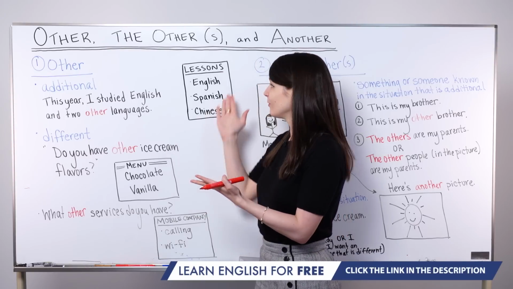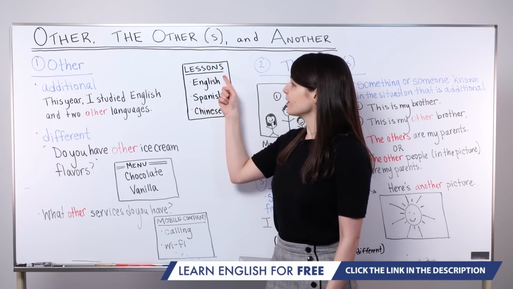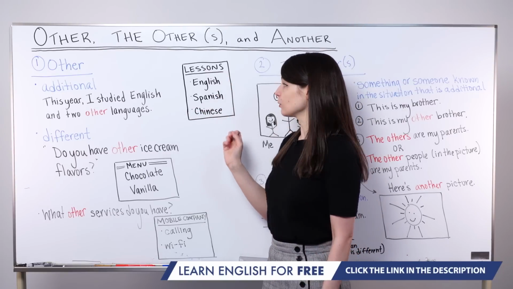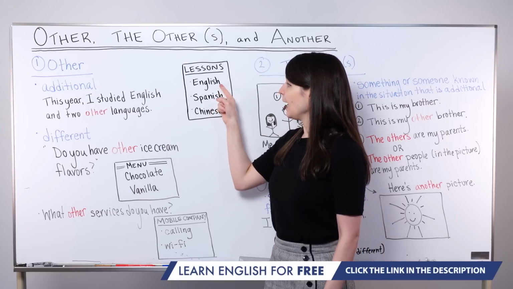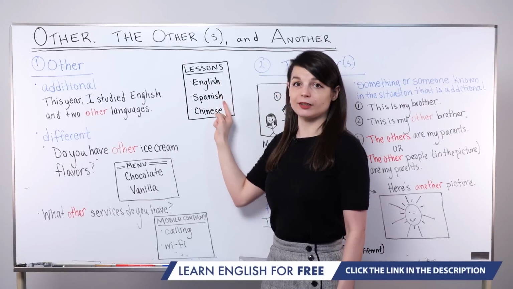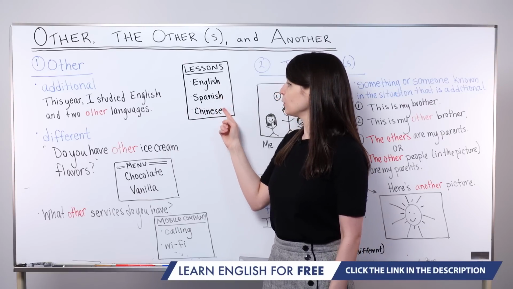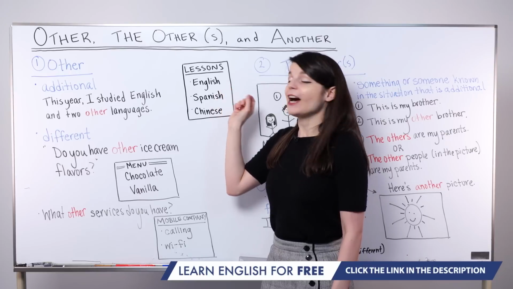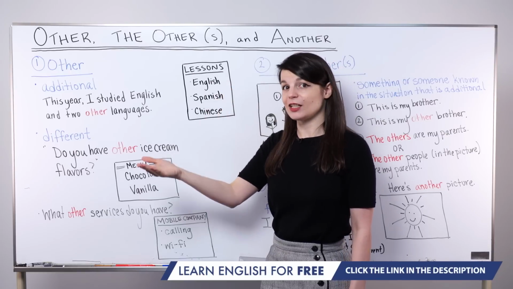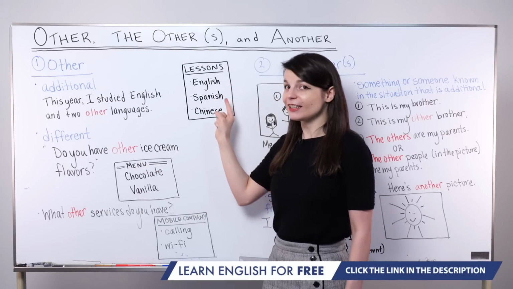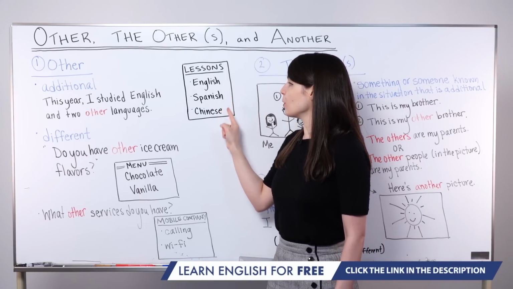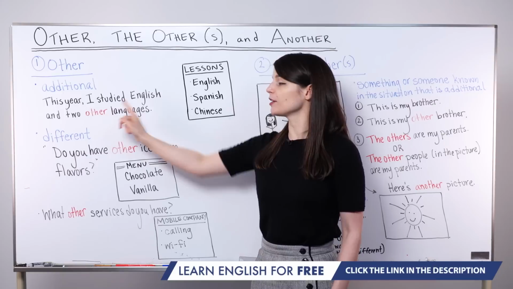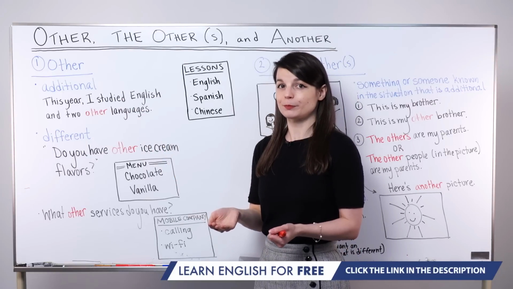So to see this visually, we can imagine this year's classes were English, which we know from the sentence, I studied English and two other languages. So that means two languages that are additional, in addition to English. So they are not English, but English plus, in this case, two more. So we can use other to mean additional.